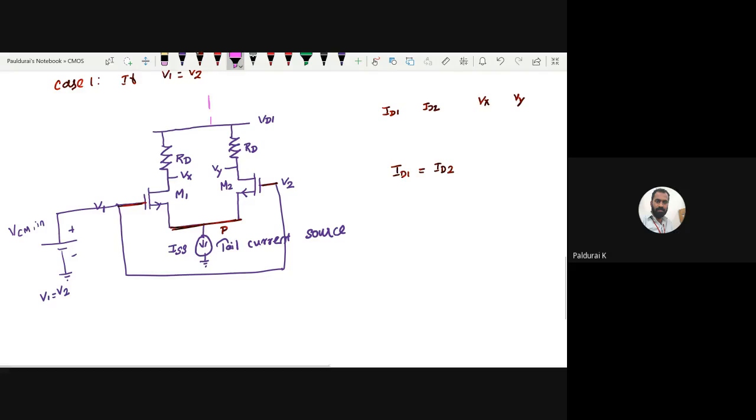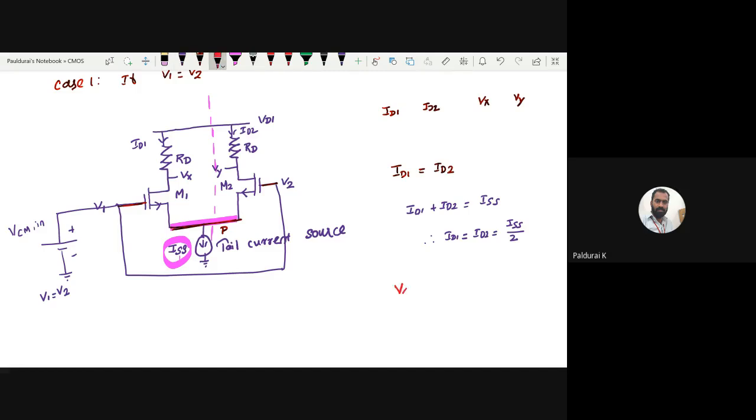Since the circuit is symmetric, if you apply KCL at this node, ISS, ID1, ID2, ID1 plus ID2 will give ISS. But since the circuit is symmetric, both ID1 and ID2 are the same. Therefore, ID1 equals ID2 equals ISS over 2. There we had IEE over 2, here ISS over 2, the same story.